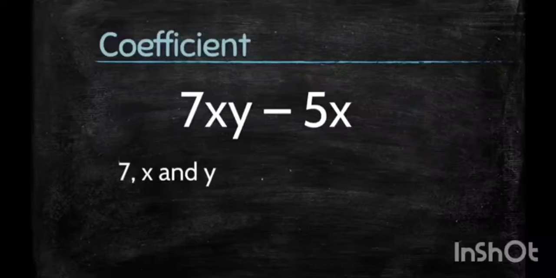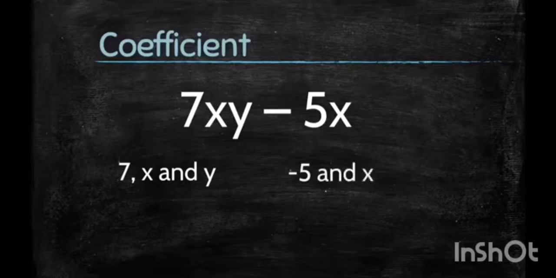And factors of minus 5x are minus 5 and x. Now students, the numerical factor of a term is called the coefficient. So here 7 is the coefficient of first term 7xy and minus 5 is the coefficient of second term minus 5x.